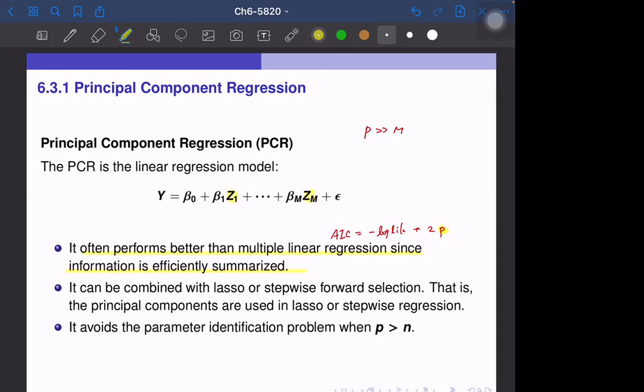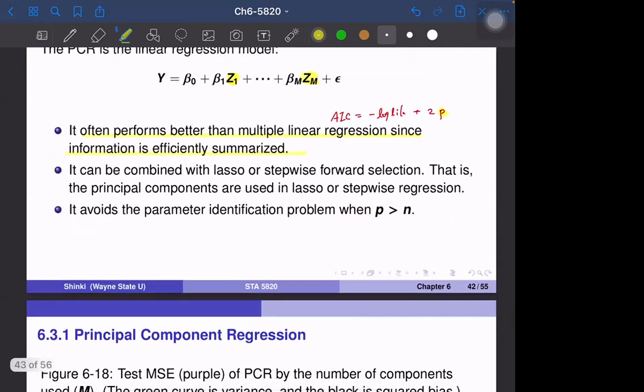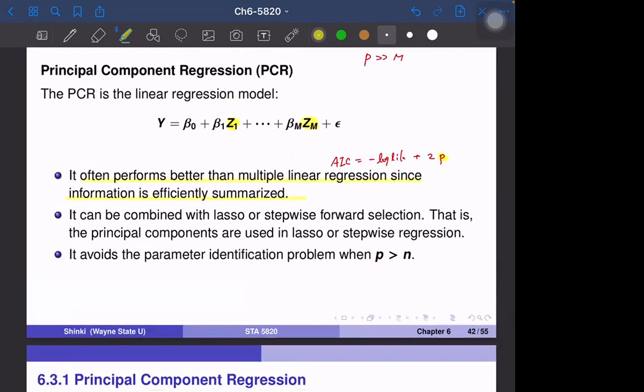And this basically maximizes the prediction performance. If you summarize the data beforehand, it works much better. Also, z1 to zm are orthogonal, so we have no problem of multicollinearity.